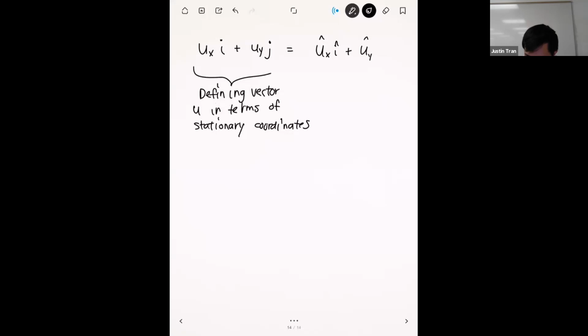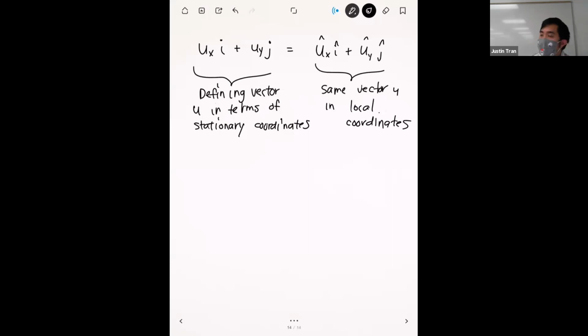And remember, I give a hat to all the local coordinates. These two expressions have to be equal to each other because it's the same vector. We're just describing it in terms of different coordinate systems.